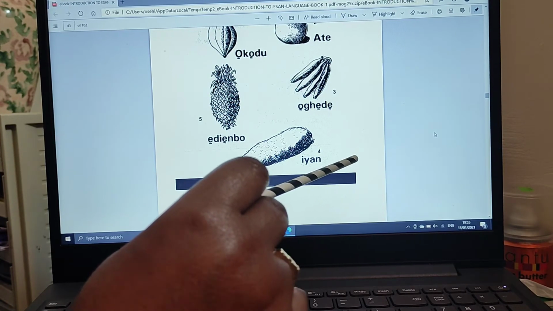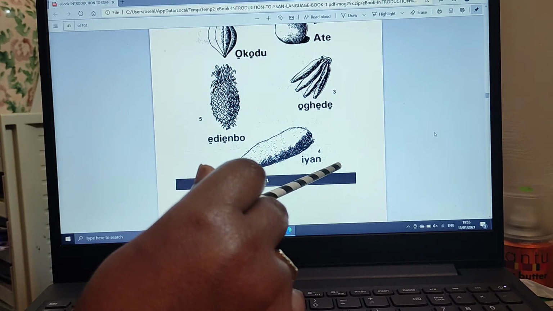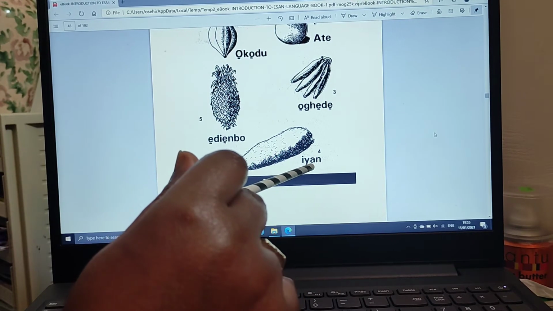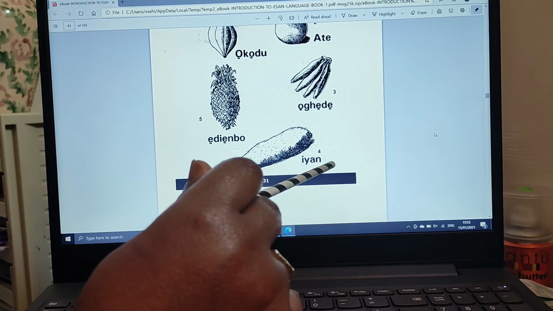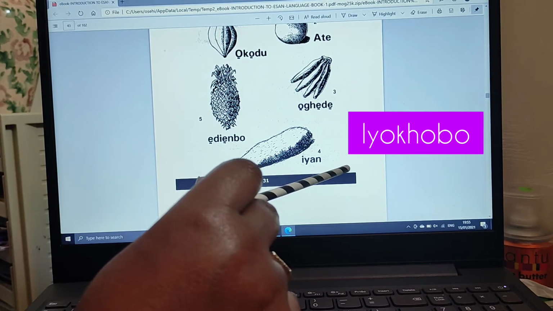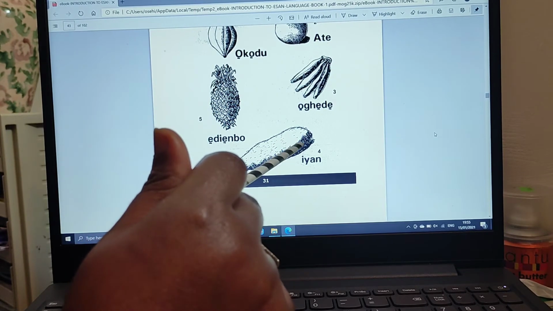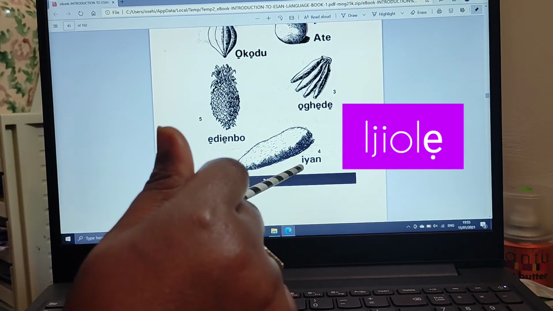Then cocoyam, I don't know if some of you have seen cocoyam. If you haven't, well, cocoyam is another tuber. It's usually iyohobo. Cocoyam is called iyohobo. There are other species of yam as well, like the water yam, which is called ijole.